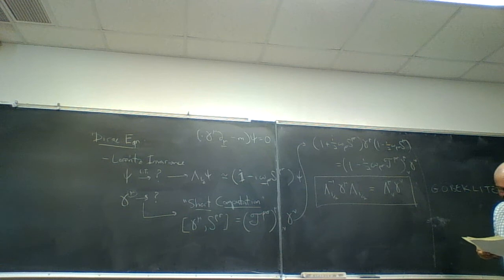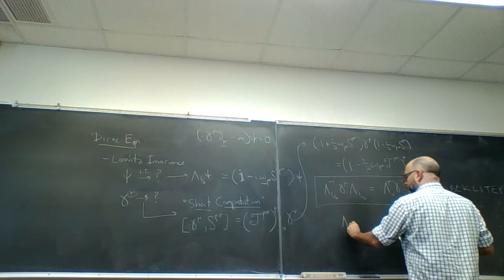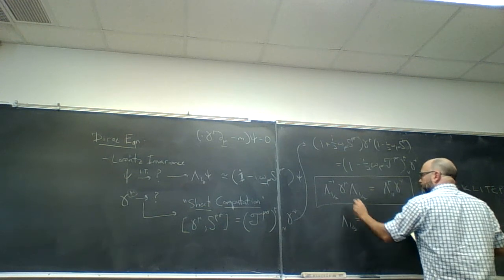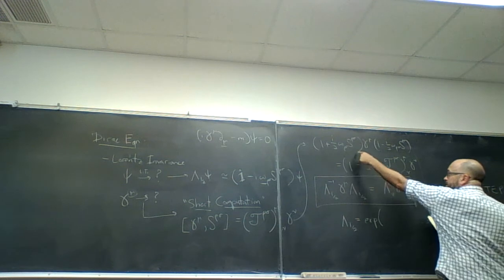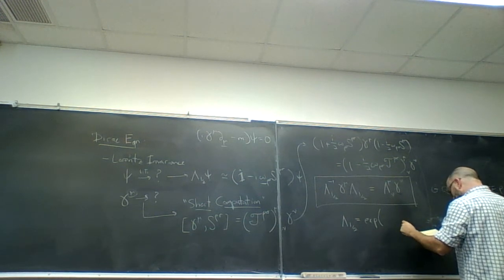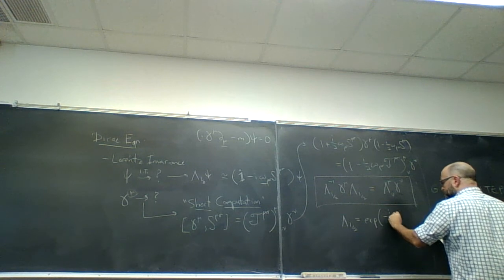Okay. And again, just to reiterate, this lambda 1/2 here is a finite transformation, so it's the exponentiation of this. So we compound a bunch of infinitesimal ones, and it's minus i over 2.